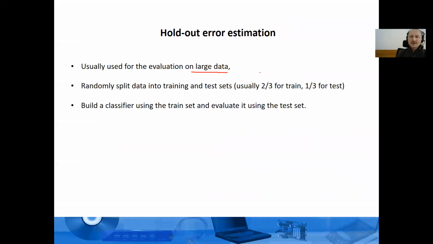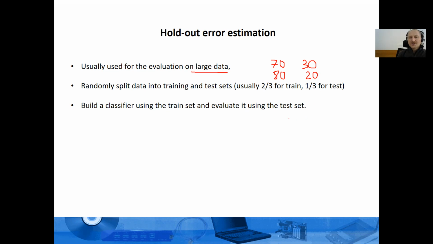But if you have a smaller amount of data, you can use 70% for training, 30% for testing. Or if you have a smaller data set, you can use 80% for training, 20% for testing. There's no rule for it.